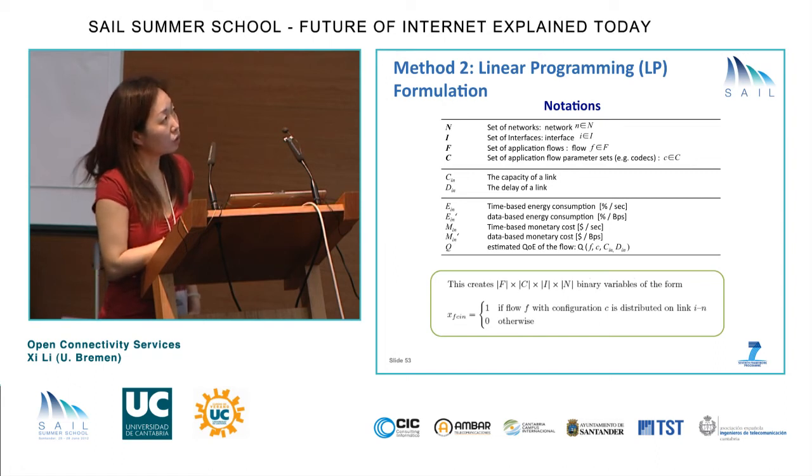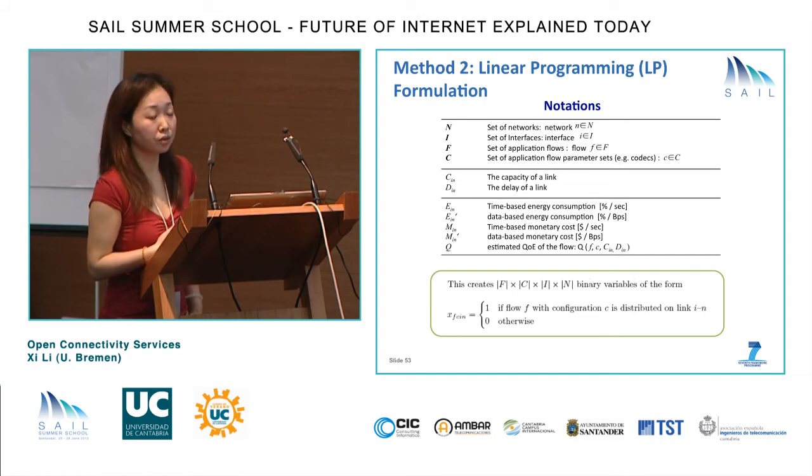And these two parameters describe the cost of using a certain access network, which also has the component of how much time it is using this network and how much of the capacity it takes from this access network.